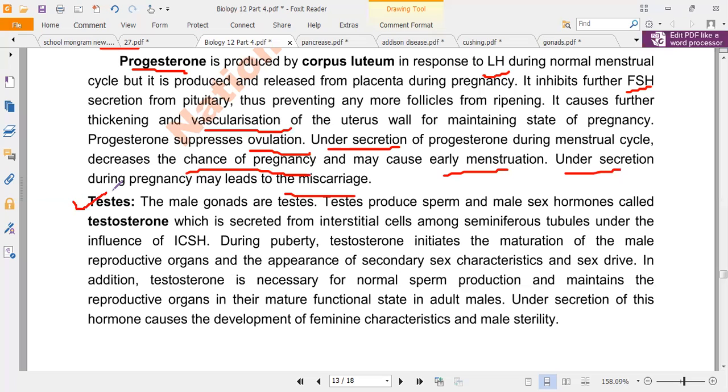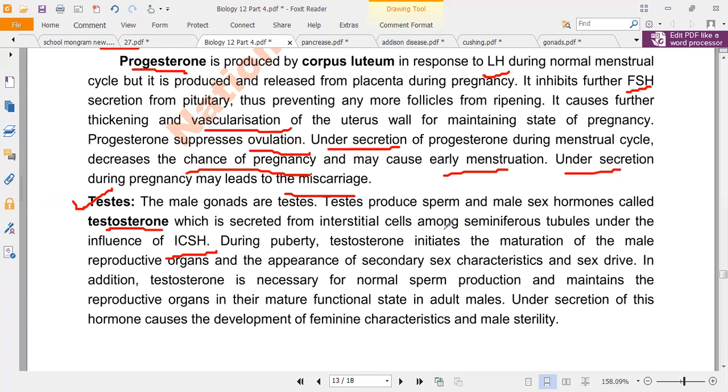Let's talk about the male reproductive gonads and hormones. There are testes, where sperms are produced, and the sex hormone is called testosterone, a very important hormone in males. It is secreted from interstitial cells among the seminiferous tubules under the influence of ICSH, interstitial cell stimulating hormone.